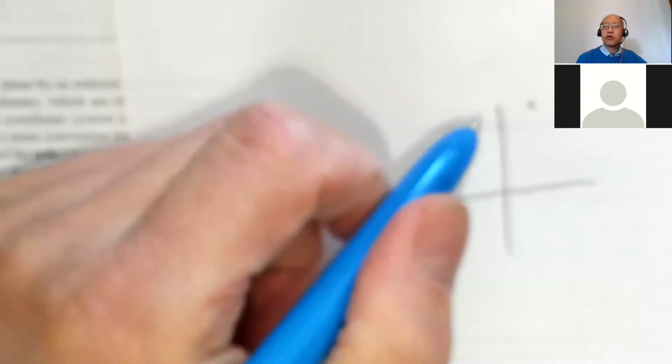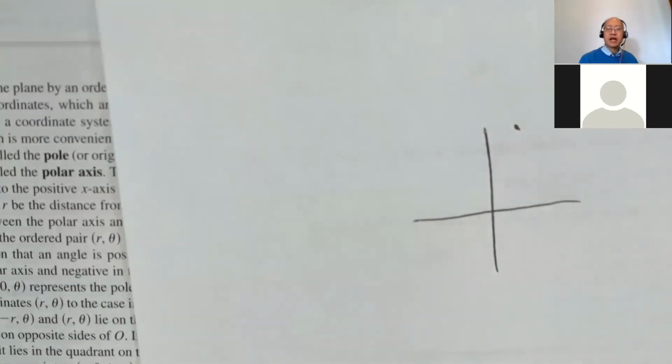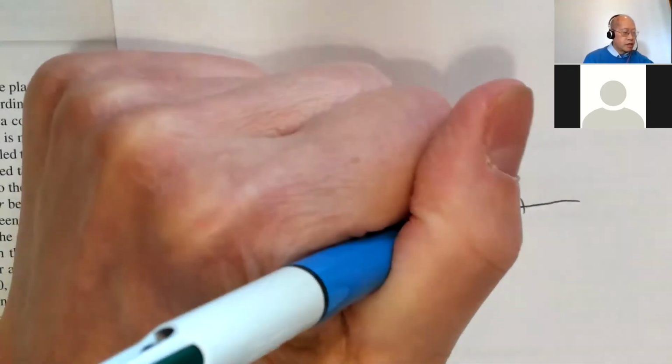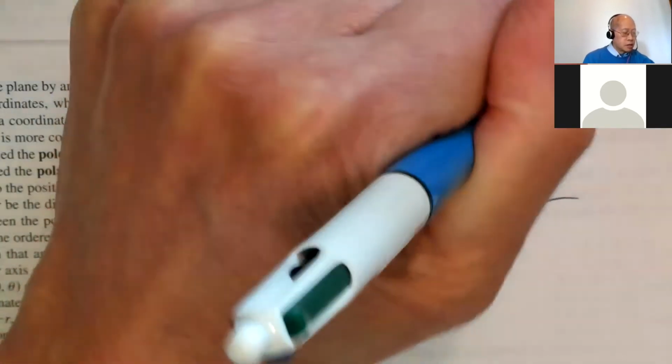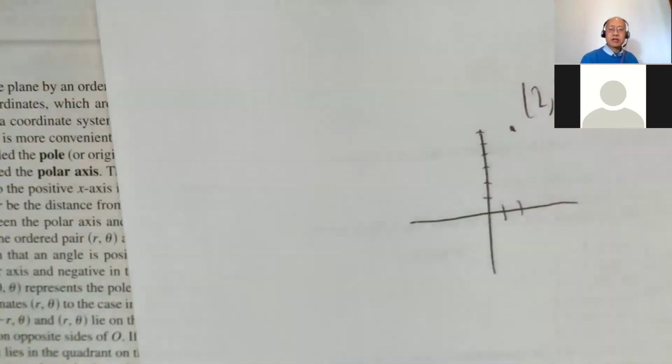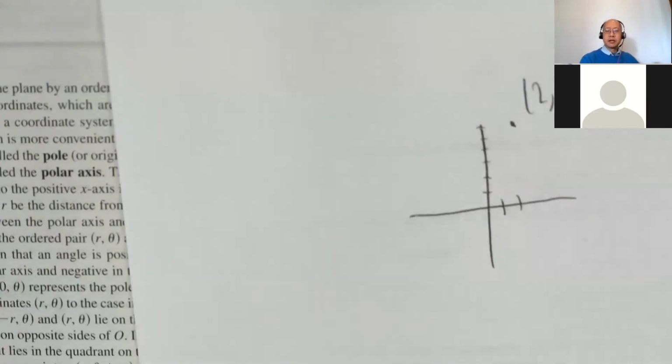In the xy coordinate system, how many ways can I label it? Well, there's only one way. You just count, how far do I go this way? How far do I go this way? 1, 2, 3, 4, 5, 6. So the only way I'm allowed to label this point is 2, 6.